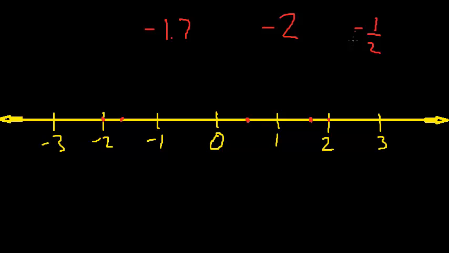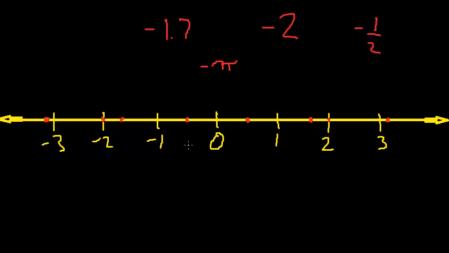Its opposite, negative 1/2, will be in between 0 and negative 1. If we want to plot an irrational number, for example pi, remember, it is about 3.14. It's going to be just past 3, and negative pi is going to be in the same place over here, just past negative 3. So these then are all of my numbers.